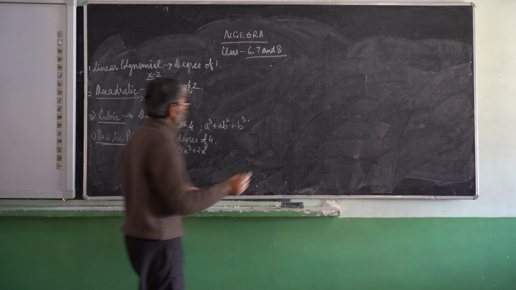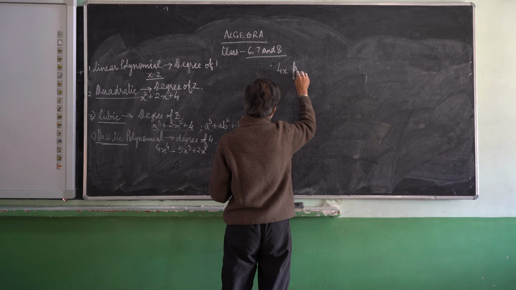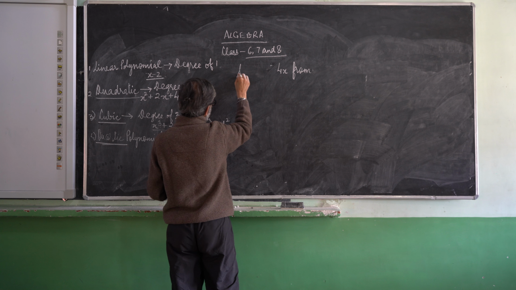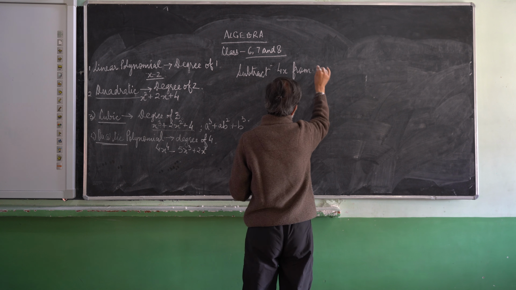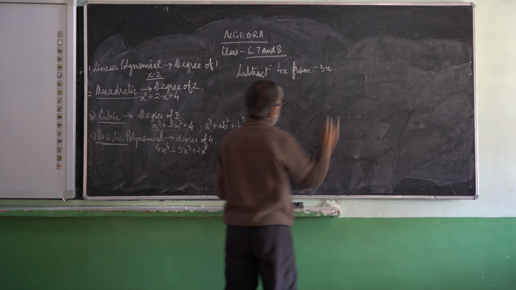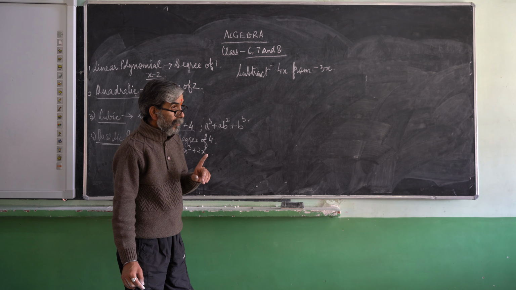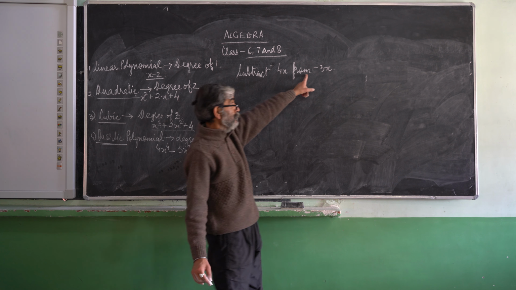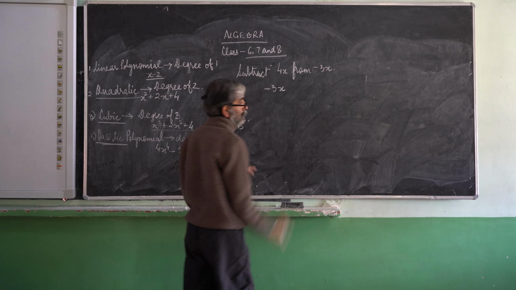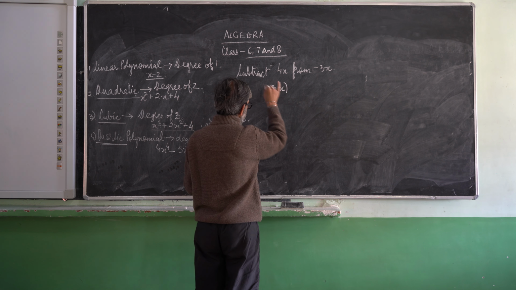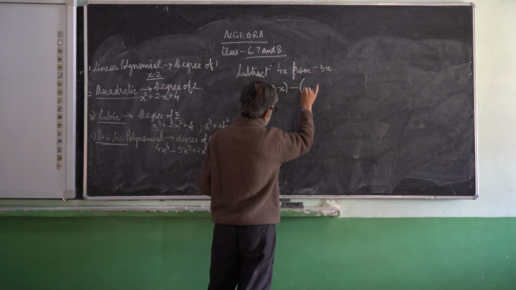Suppose we have to subtract 4x from minus 3x. Now remember, in subtraction in algebra, the term after the word from will be written first. From minus 3x, in brackets, we are going to subtract 4x.